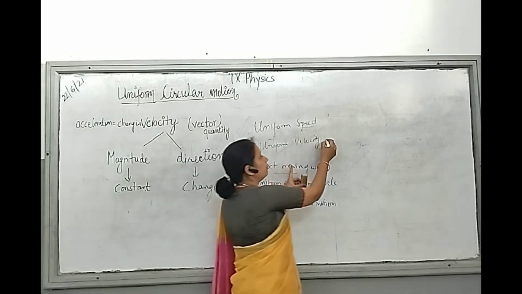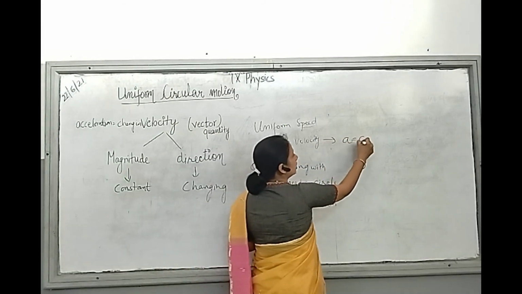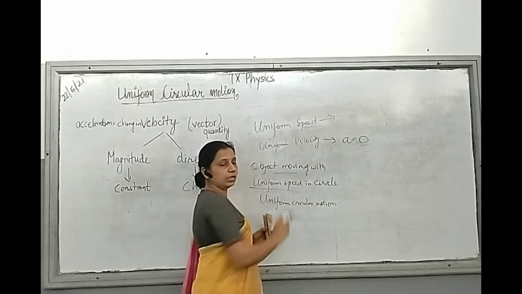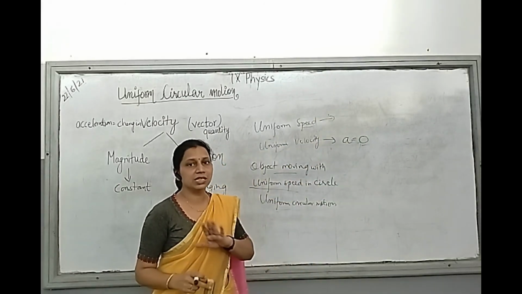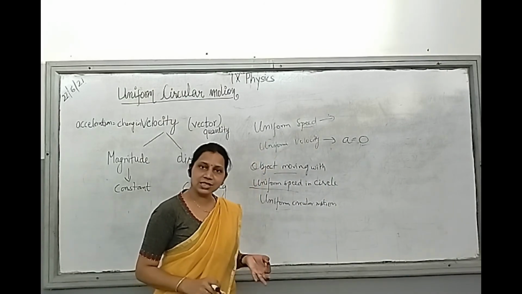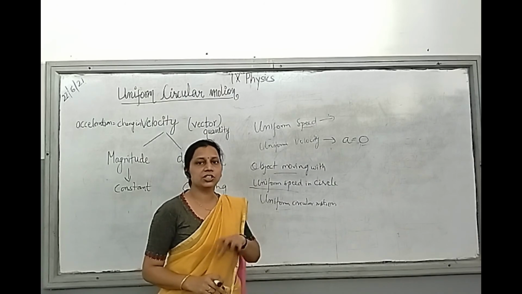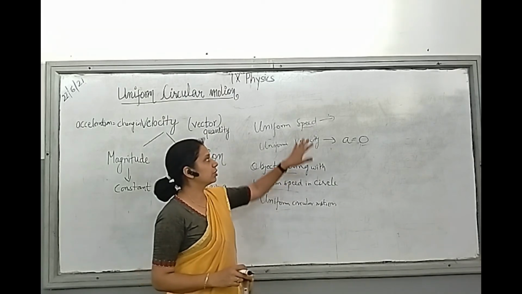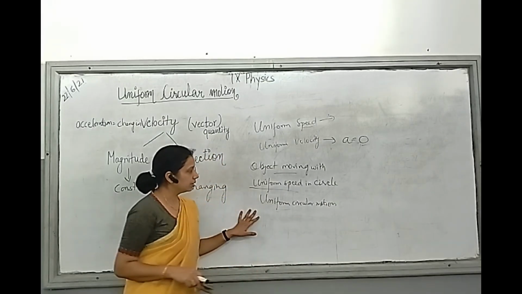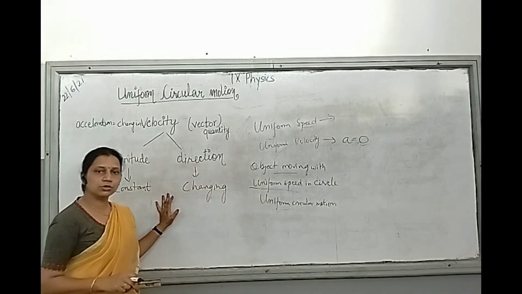So in the case of uniform velocity, acceleration is 0 because there is no change in direction and no change in magnitude. In the case of uniform speed, if magnitude is the same, that means direction is changing, because speed is a scalar quantity.